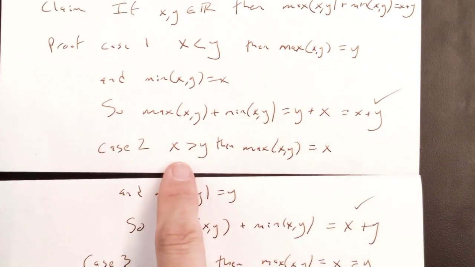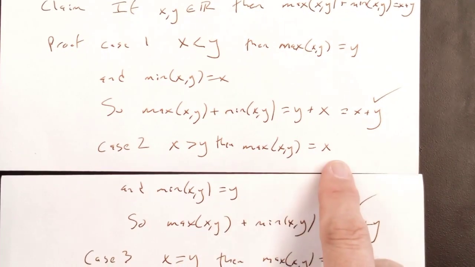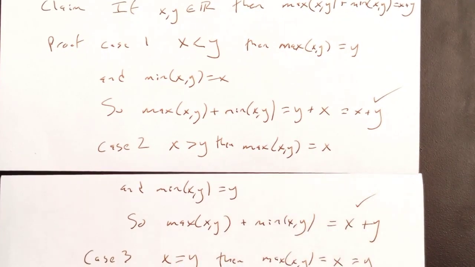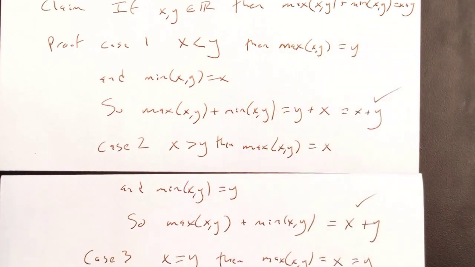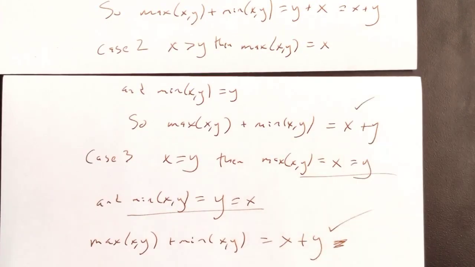Since here y was smaller than x, I put the y here and the x here. All I did was change the label, right? Really, I can change the number of cases here. I can shrink the number of cases down, and I can do both case 1 and 2 together. Because really, in these two cases, I'm looking at two different numbers, and in case 3, I'm looking at two of the same number.